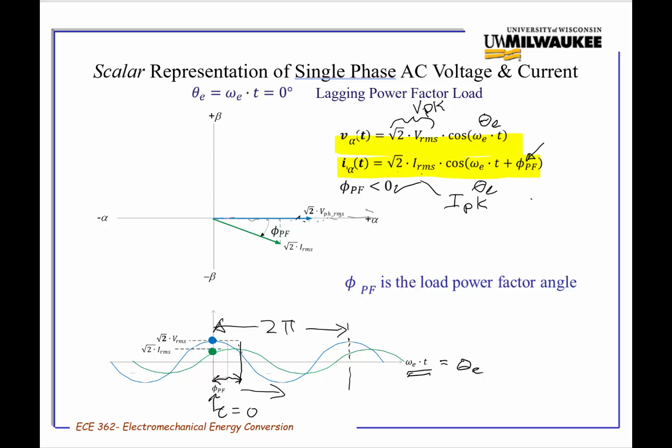And you can think of, right along this blue vector, which is representing V alpha, that would be considered the R plane of a cylindrical reference frame.